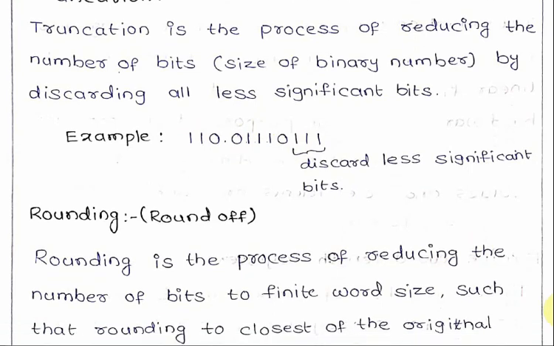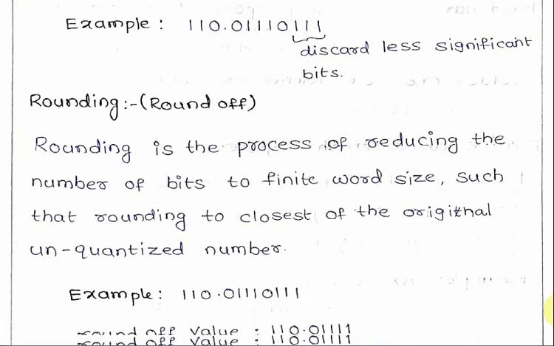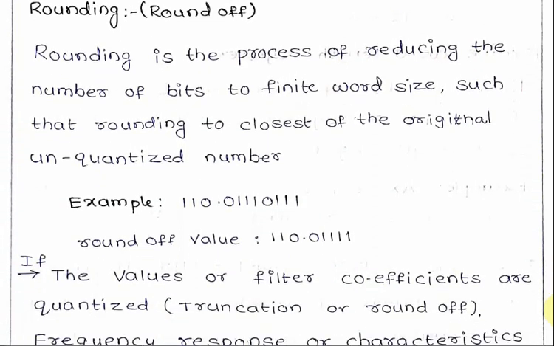Or another procedure is round of the value, rounding. Rounding is the process of reducing the number of bits to finite word size such that rounding the closest of original unquantized number. This is unquantized number. We need to represent this in 8-bit register.